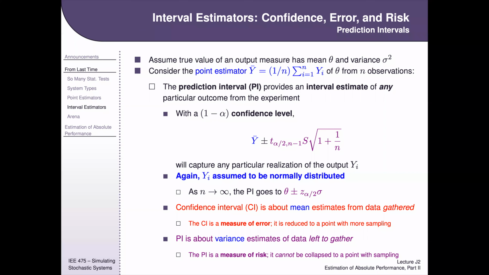As n goes to infinity, this t value effectively goes to a z value. And so as you take more and more samples, this prediction interval goes to theta, the real mean, plus or minus the critical z value times the real standard deviation.